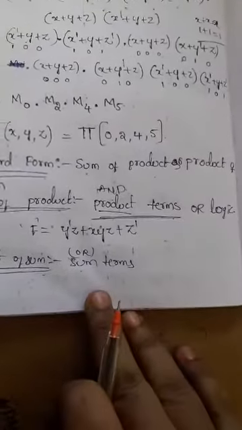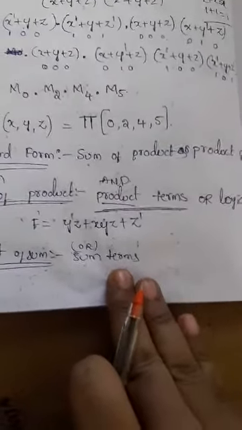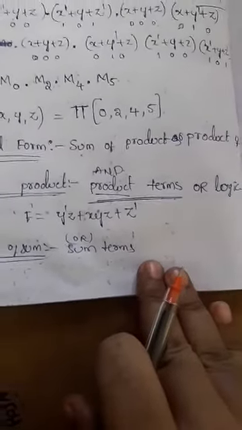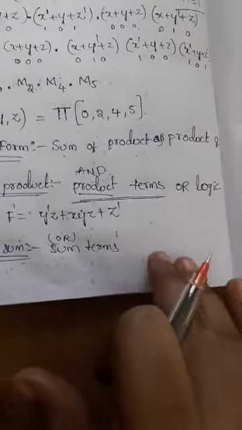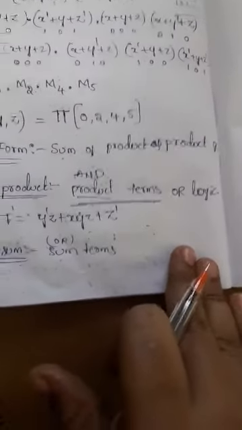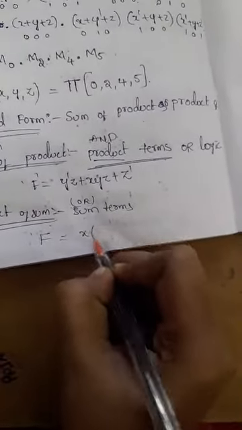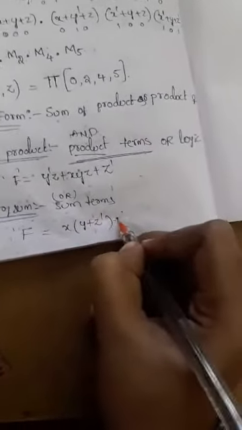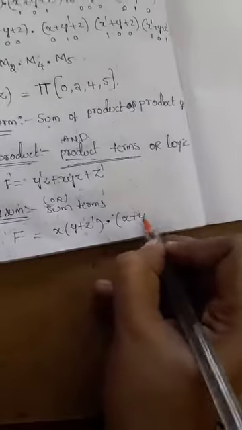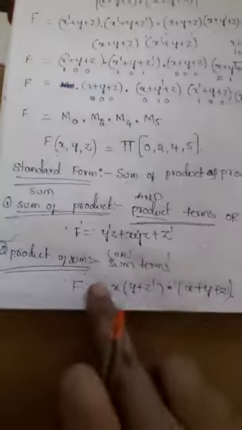Each term may have any number of variables, n variables. The product denotes the ANDing of the terms. Let me take one example here: F is equal to x into y plus z complement, and into, x plus y plus z. This is the best example for the product of sum.